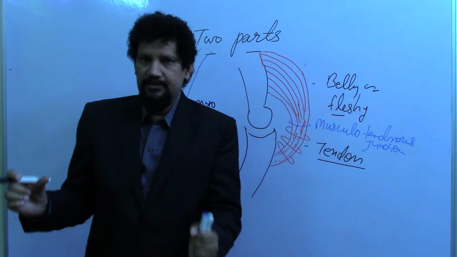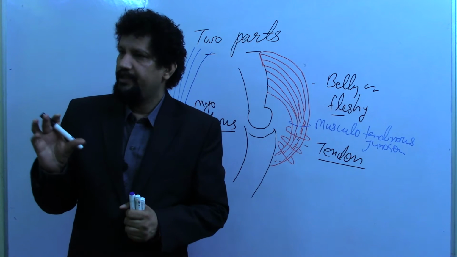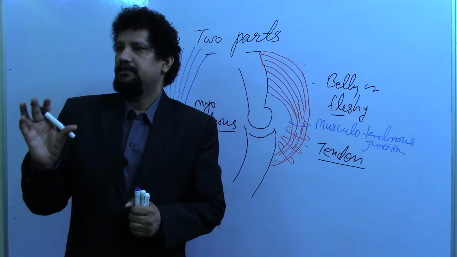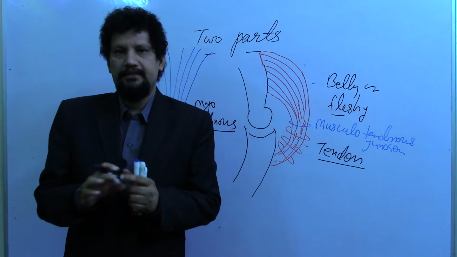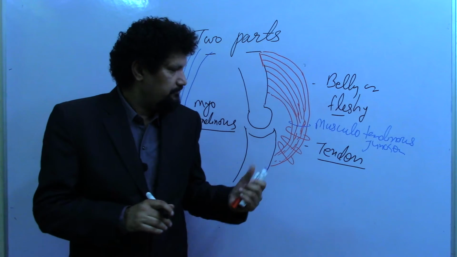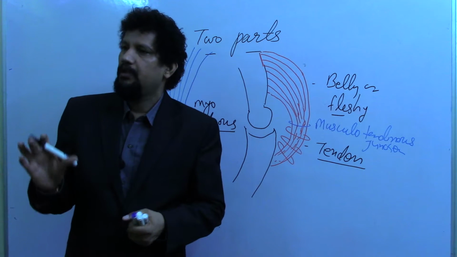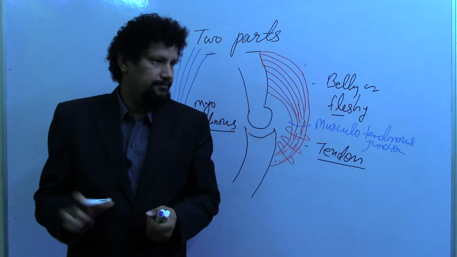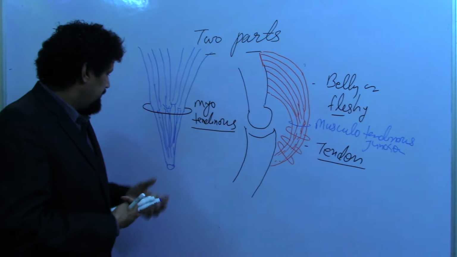The fibers of connective tissue surrounding the muscle fiber, surrounding the fasciculus and surrounding the whole muscle, that is the endomysium, perimysium and the epimysium, continue in the tendon.